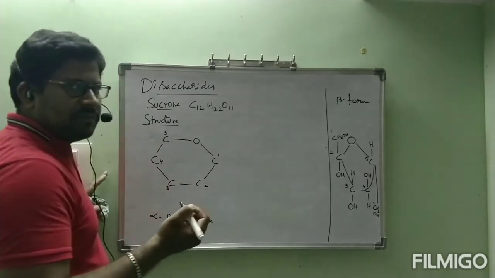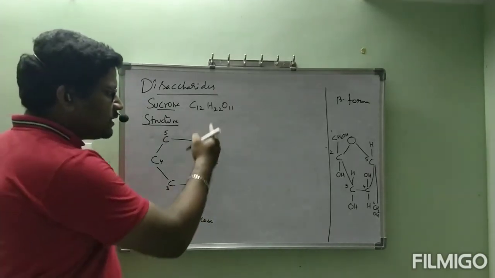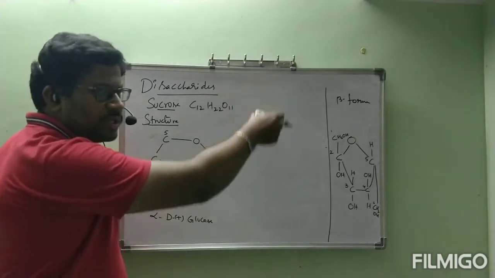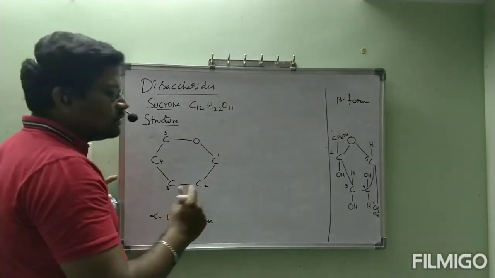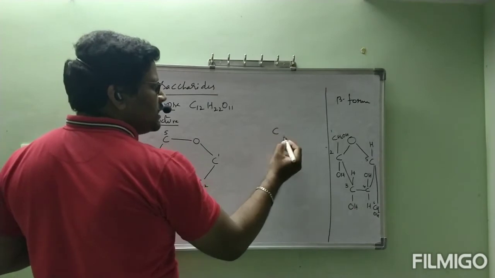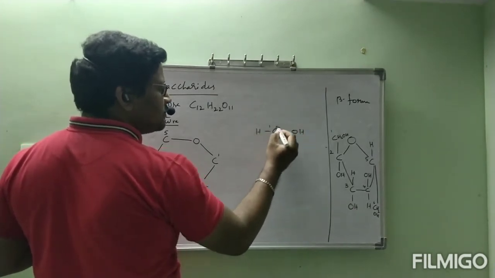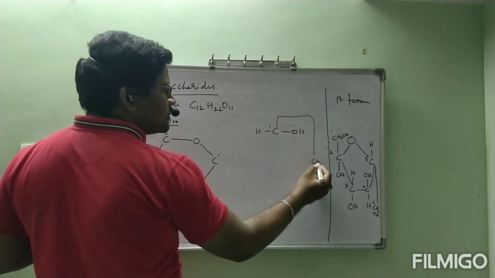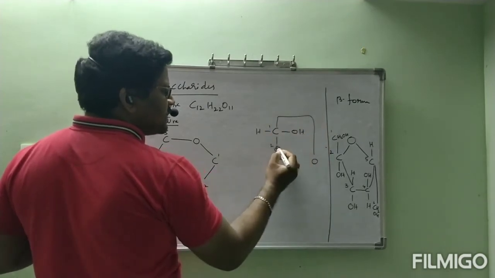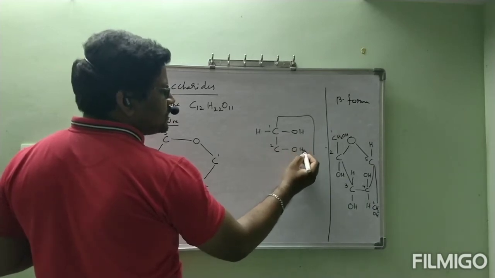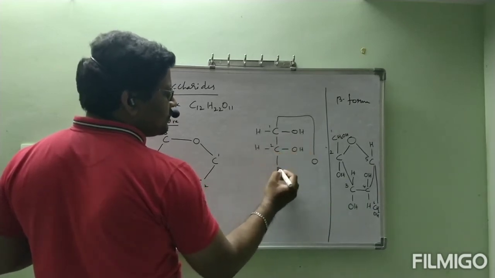I will not remember whether H is above and OH below, so I will take the help of this closed ring structure and write that one. Let us see. C OH H, first carbon bonded to oxygen here. Next, second carbon contains OH right side, H left side.